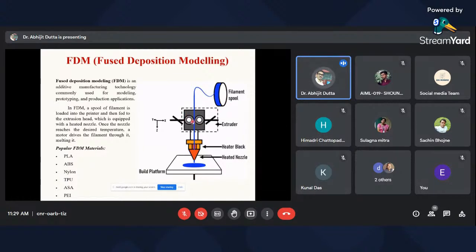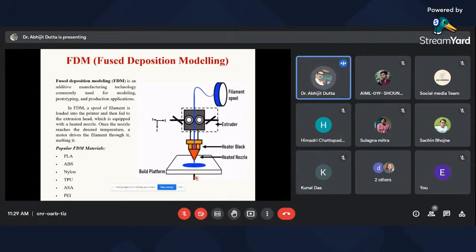It is sent to the extruder and then the nozzle. Here the heating takes place, then the molten material is deposited on the bed. The nozzle is heated, and the material is deposited on the bed. As per our design, the bed is moved in the up and down direction. You can see on the left-hand side, X, Y, Z directions are given.